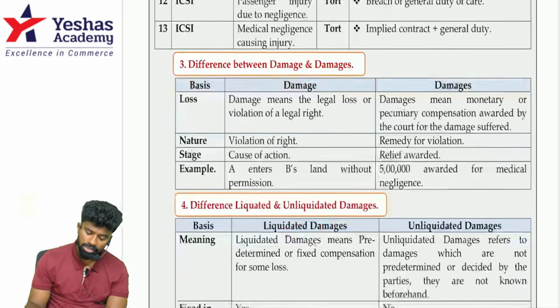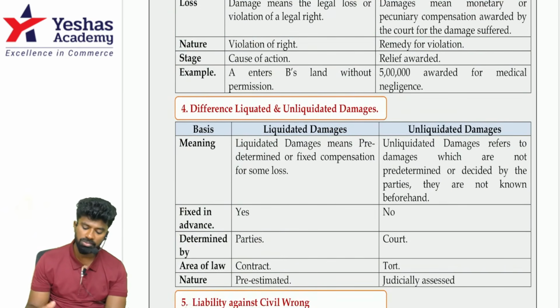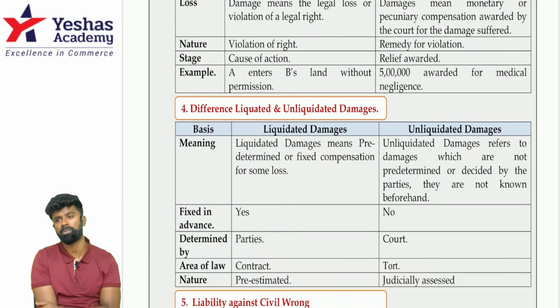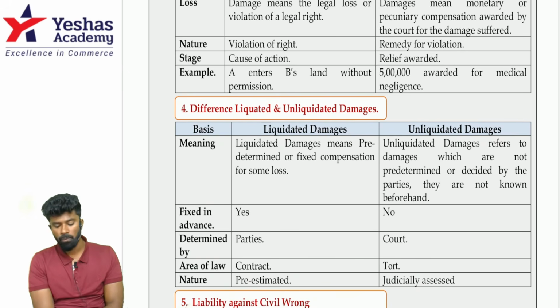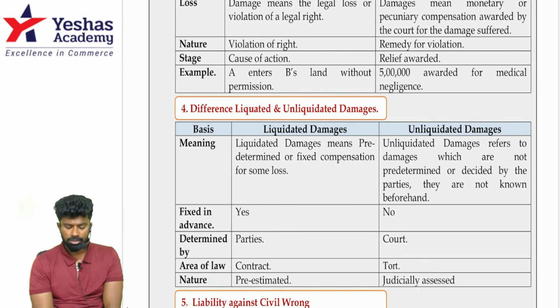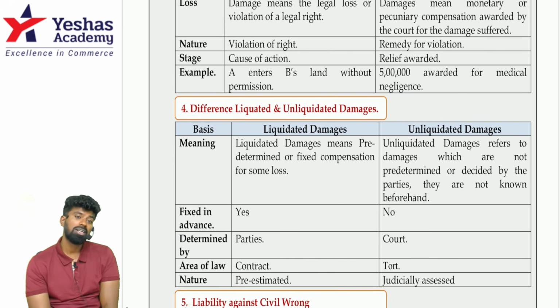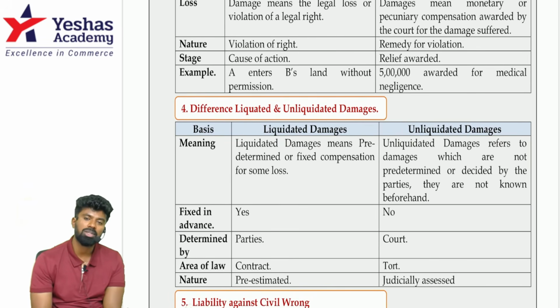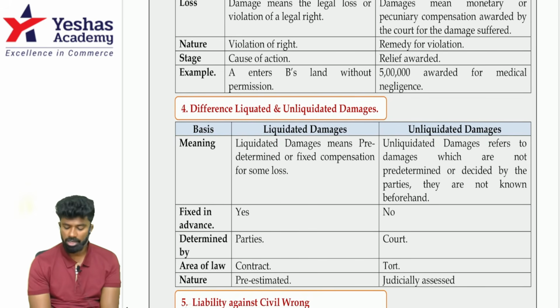Next one. Liquidated damages and unliquidated damages. Tell me which one is predetermined and prefixed by the parties, whereas which one is determined by the courts? Who determines the liquidated damages? Parties. Unliquidated ones? Court. Which one is covered under contract law? Liquidated damages.